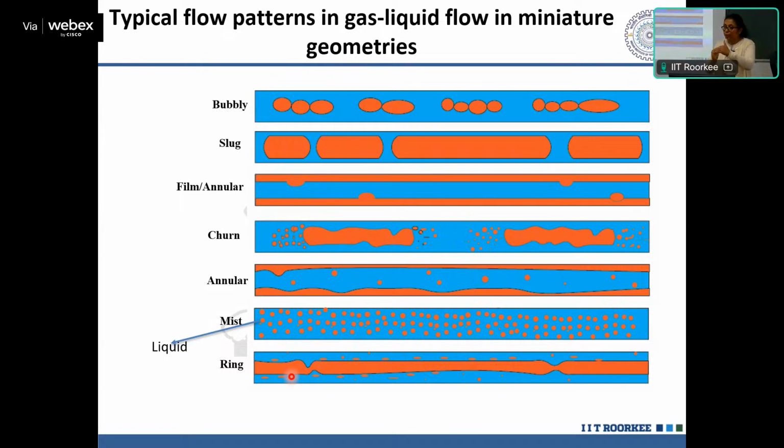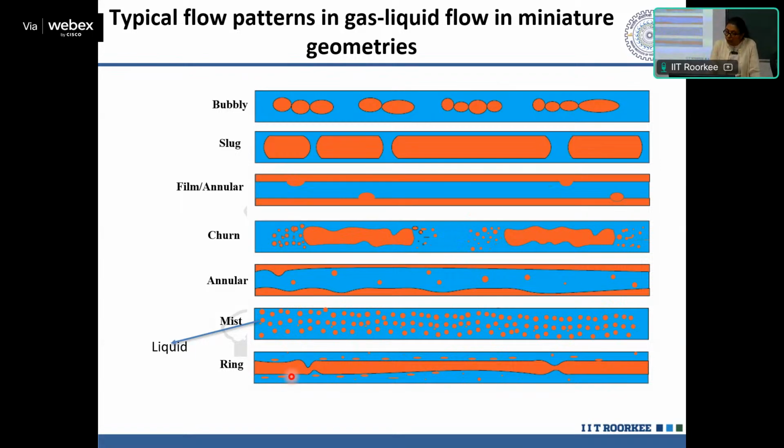From both sides there is accumulation, so it forms a ring structure on the gas core. It is compressing the gas core at certain points, so you can see some kind of compression along the core. That is the liquid ring formation.